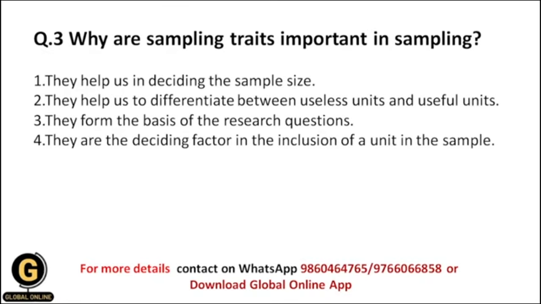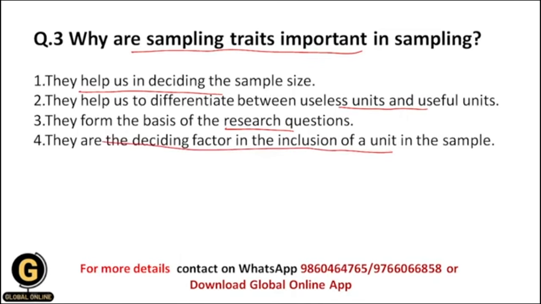Okay, why are sampling traits important in sampling? Why are sampling characteristics important? First of all, they help us in deciding the sample size. They help us differentiate between useless units and useful units, or they form the basis of the research questions, or they are the deciding factor in the inclusion of a unit in the sample.